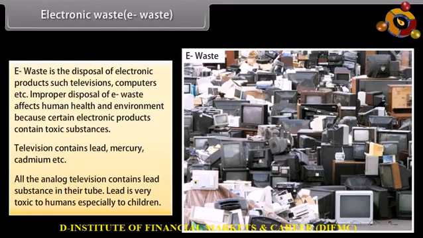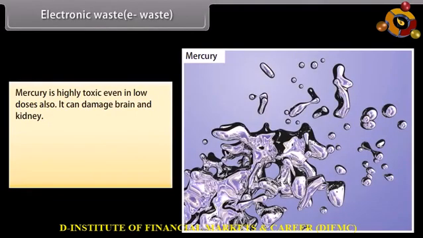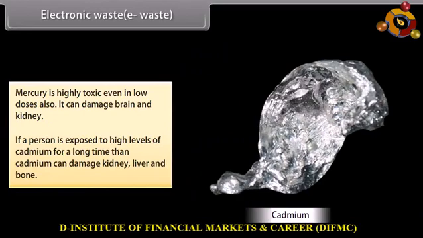Lead is very toxic to humans, especially to children. Mercury is highly toxic even in low doses. It can damage brain and kidney. If a person is exposed to high levels of cadmium for a long time, cadmium can damage kidney, liver and bone.